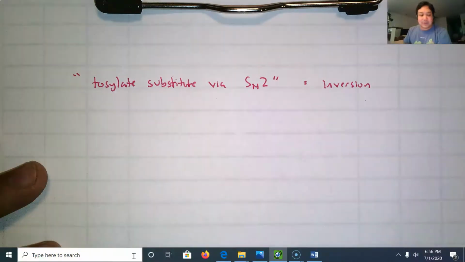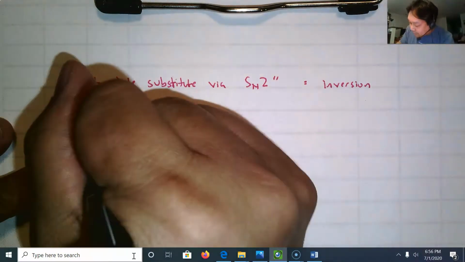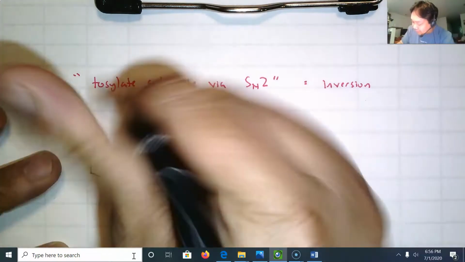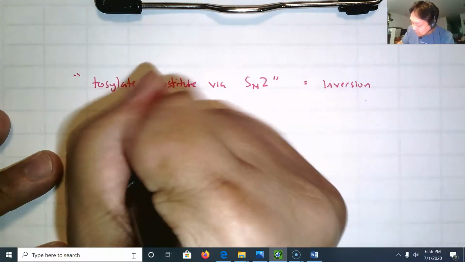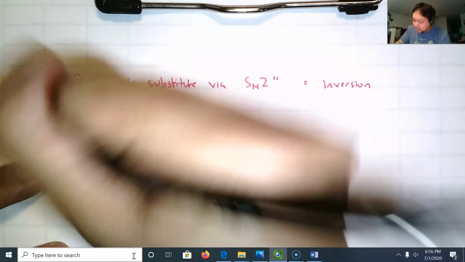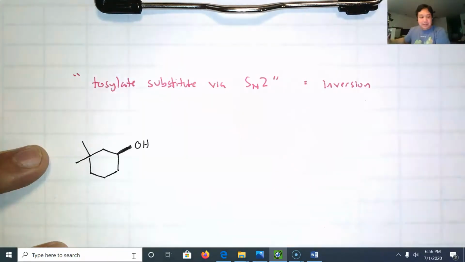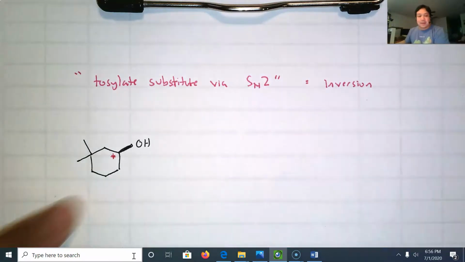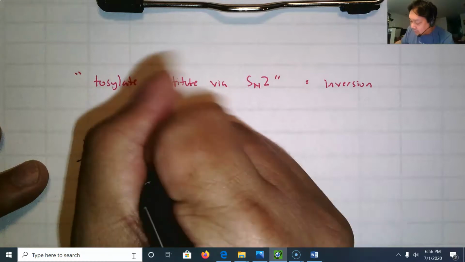Let me give you another example. What if we have this? This one is going to go a little bit fast. OH, and I have to make it chiral. There. So it's a secondary alcohol, and I have the OH as a wedge.